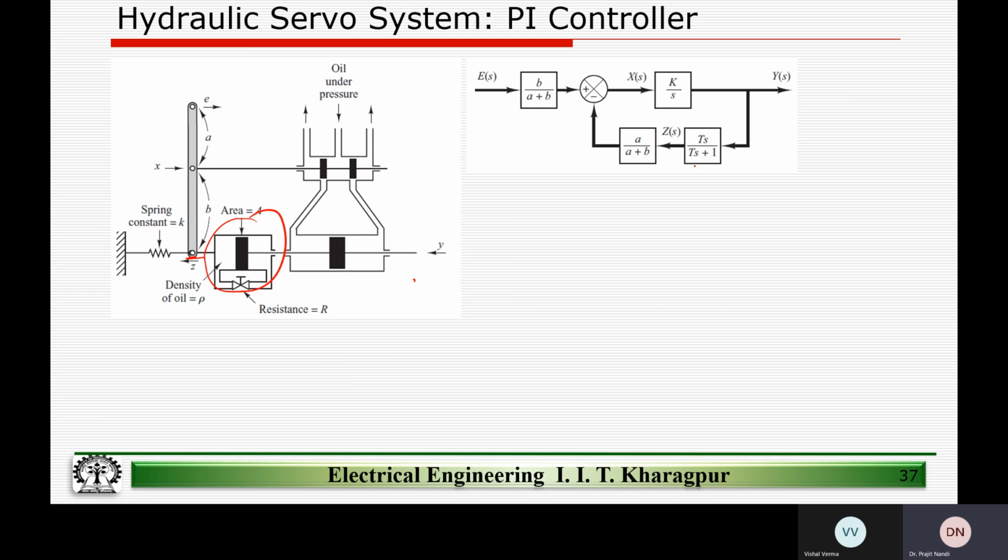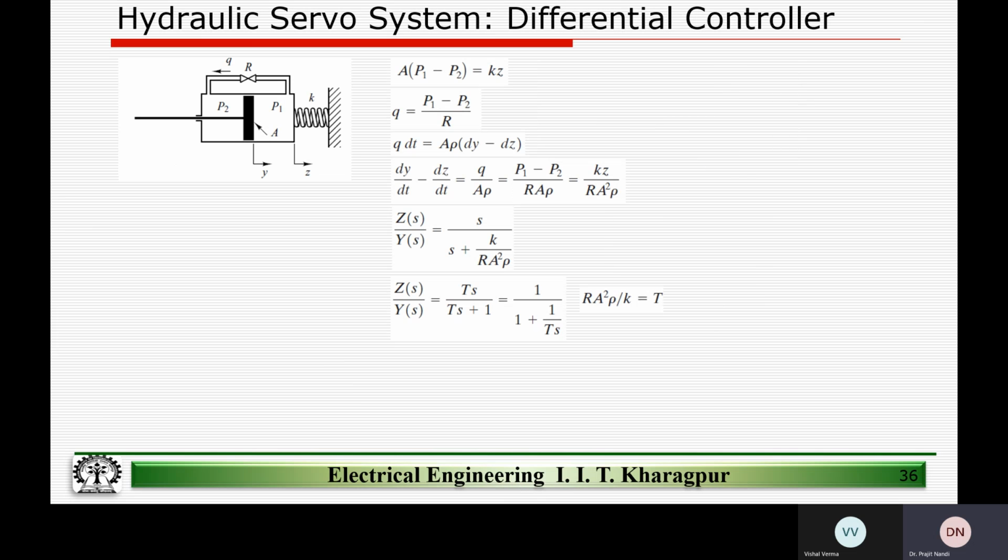Please note, let's go back to the previous slide just to ensure that. Yes, so we ended up getting this kind of an expression, right?